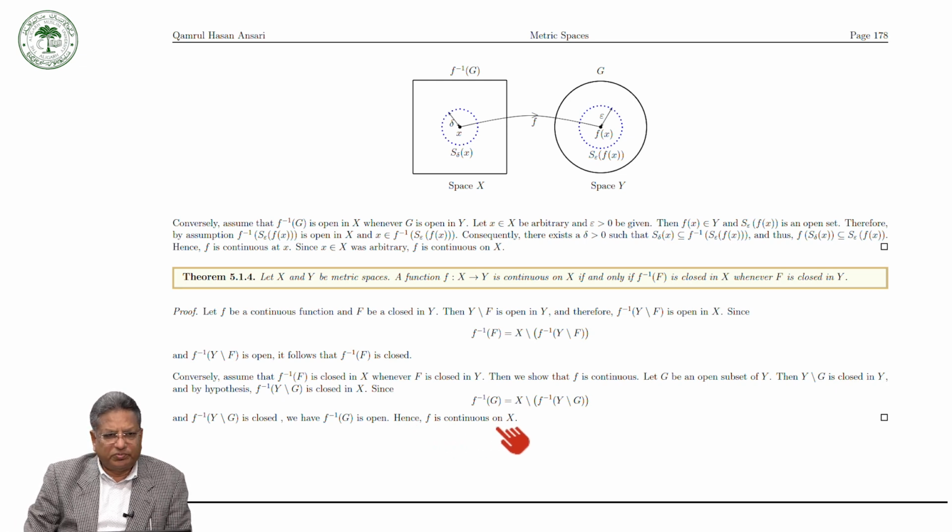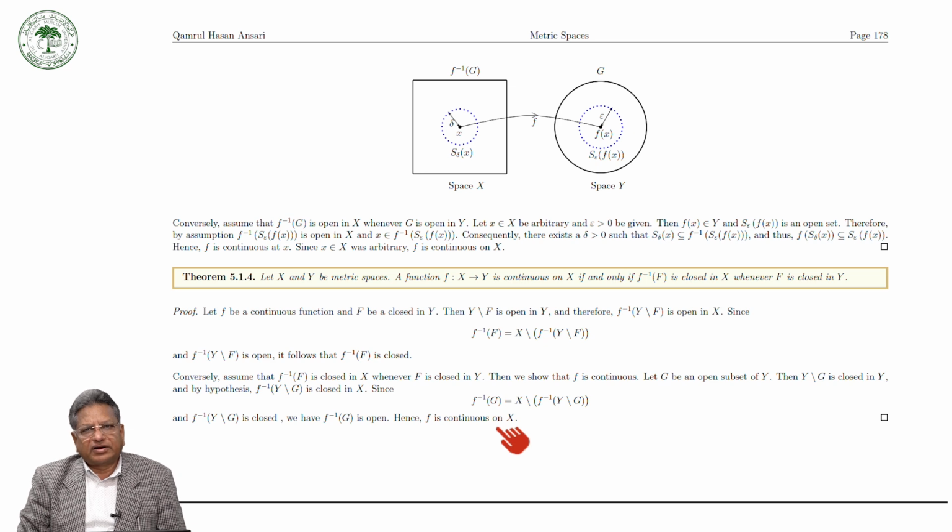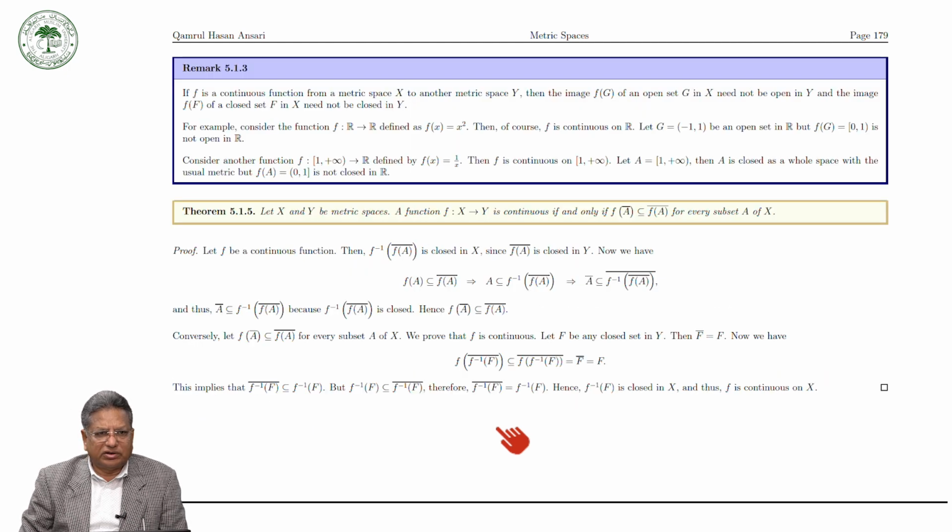So this can be proved very easily. So we have the characterization that the inverse image of a closed set is closed, the inverse image of an open set is open, and then the function is continuous. The function is continuous if and only if the inverse image of an open set is open, but not the image of an open set is open.